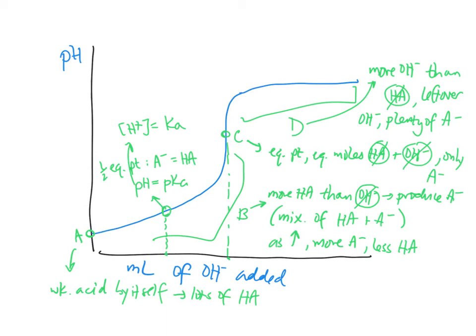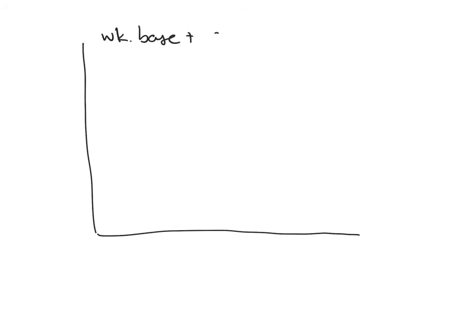Okay, let's say that we turn things around and add a strong acid to a weak base. We'll breeze through this one because it's a relatively simple concept if we understand the first concept fairly well already. So if we have a weak base plus a strong acid, we have pH again, in this case not milliliters of OH- added, but milliliters of H+.